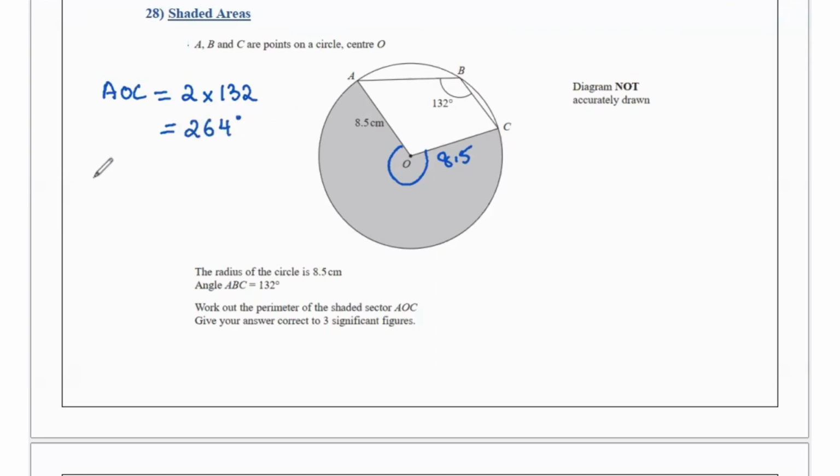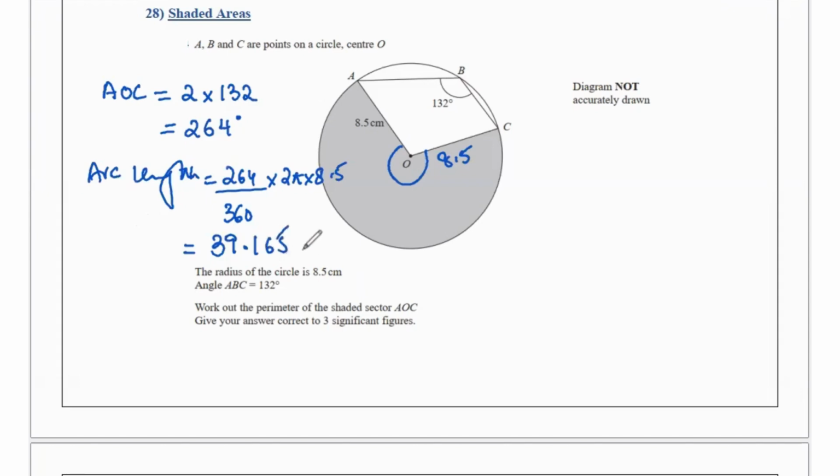So for the arc length, we can easily do 264 over 360 times 2 pi times 8.5. That gives us 39.165 centimeters.